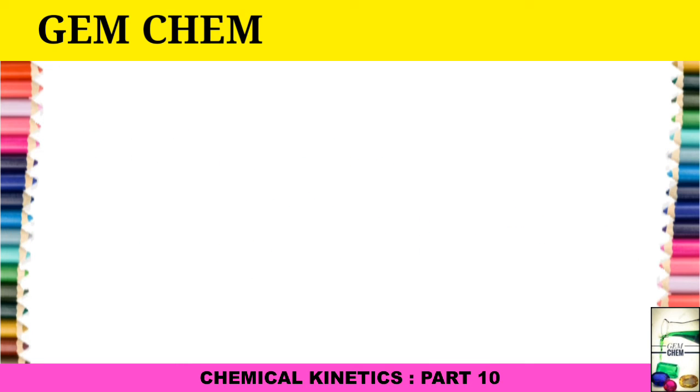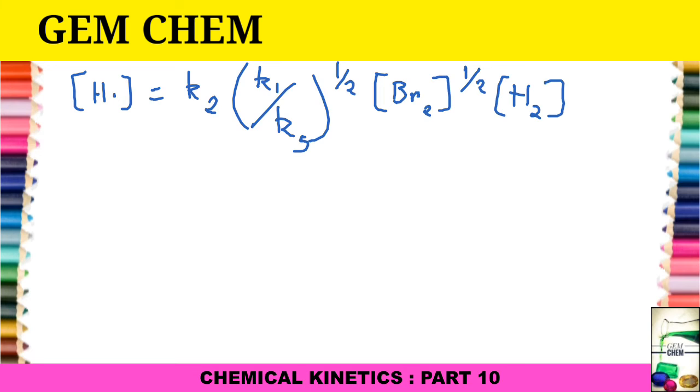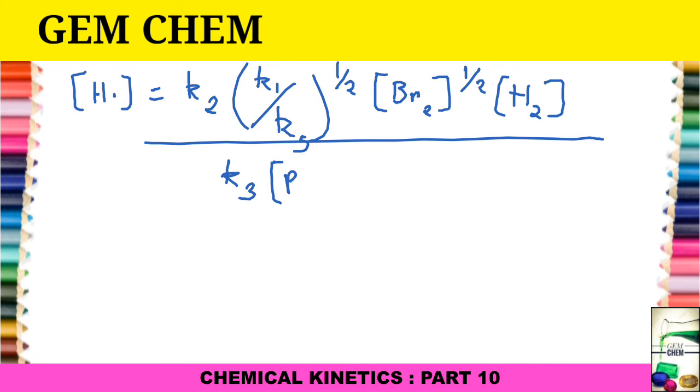So let us see, if we substitute the value of Br dot in H dot, we get the ultimate value to be K2 (K1 by K5) to the power half Br2 to the power half, hydrogen concentration, divided by K3 Br2 concentration plus K4 HBr concentration, right?